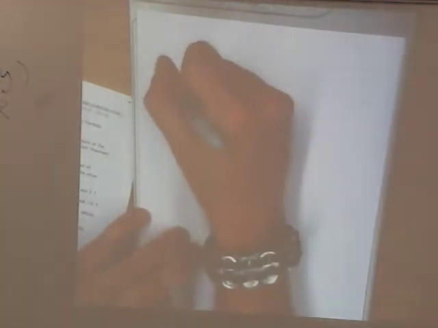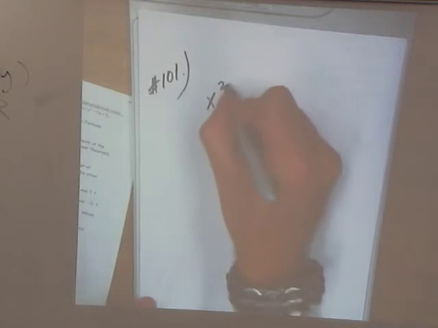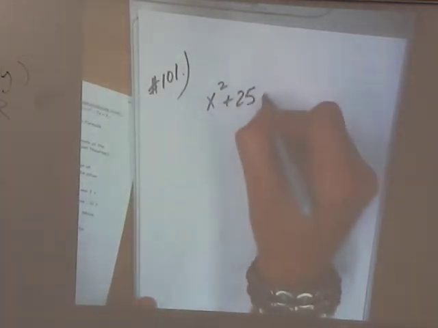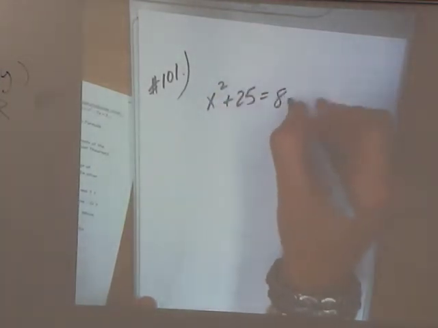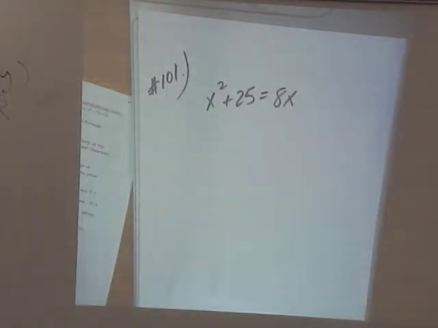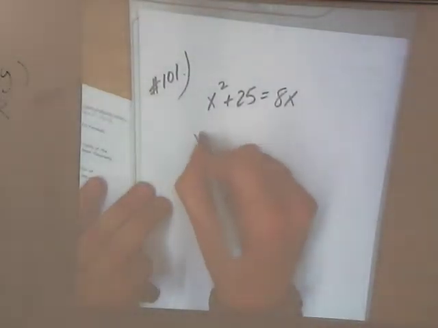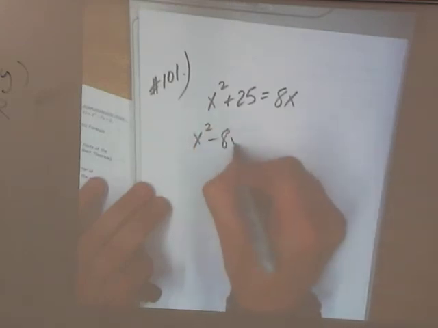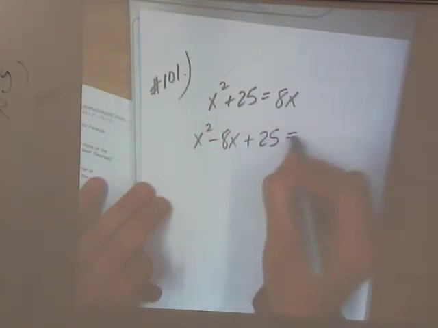All right, 101. Give the solution. X squared plus 25 is equal to 8x. If I set it equal to 0, it'll end up being x squared minus 8x plus 25 equals 0.